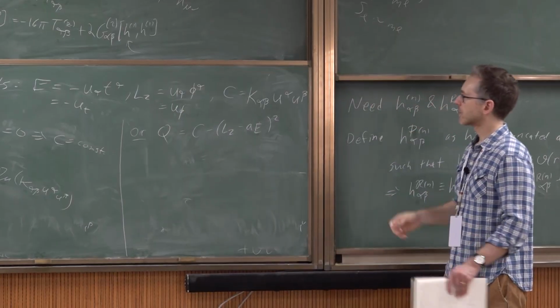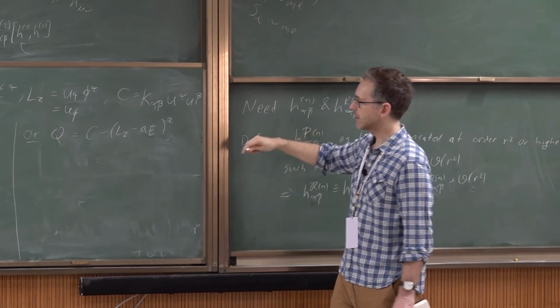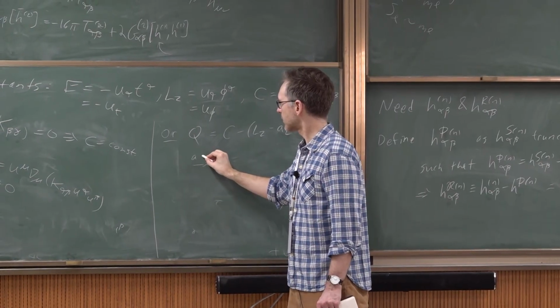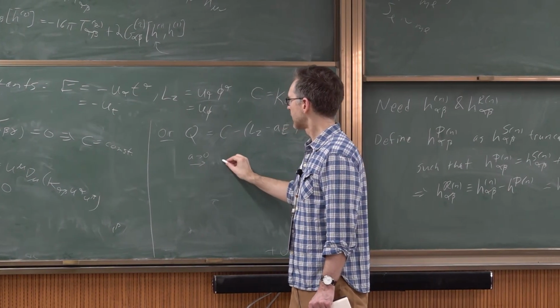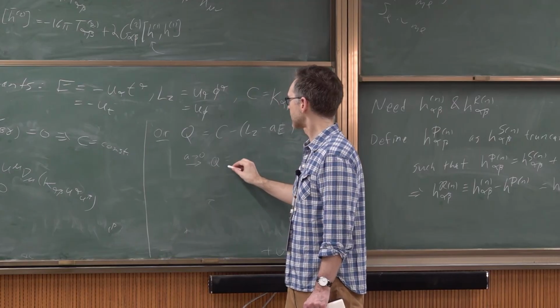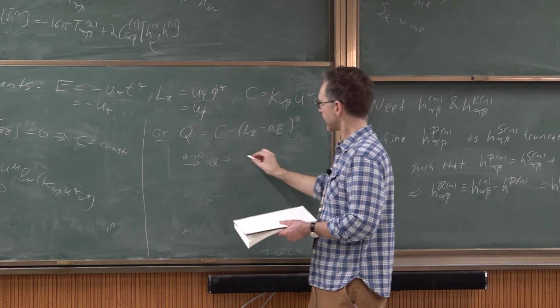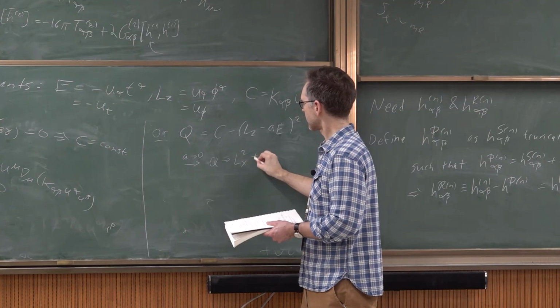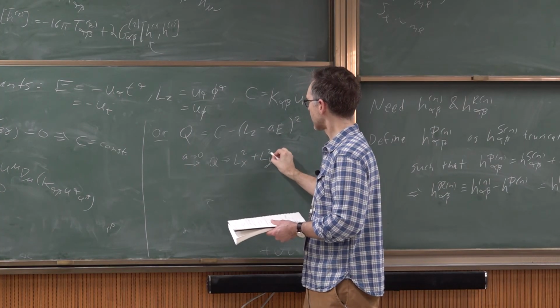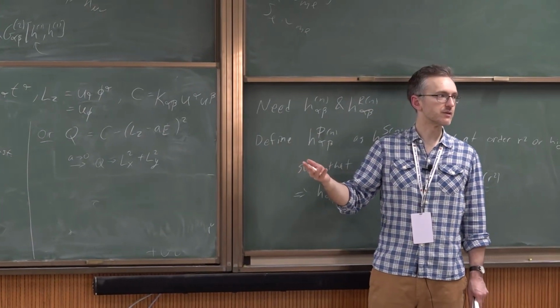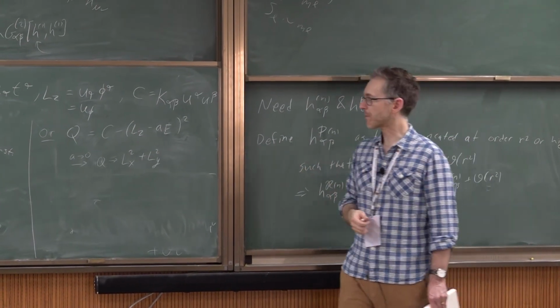The reason Q is often used instead of C is that if the spin goes to 0, then Q reduces to L x squared plus L y squared. So the other 2 pieces of the momentum.